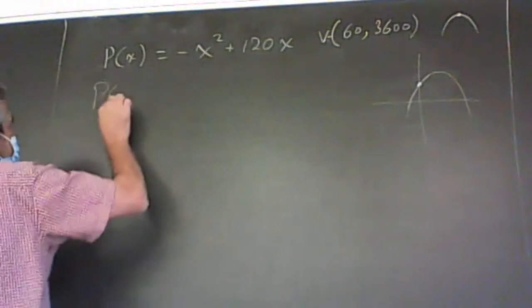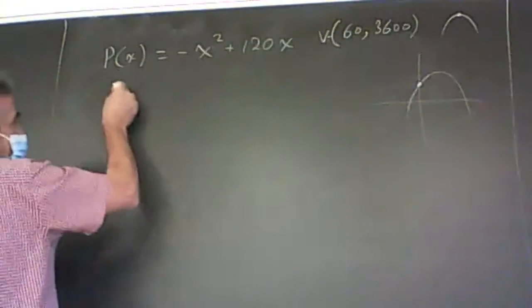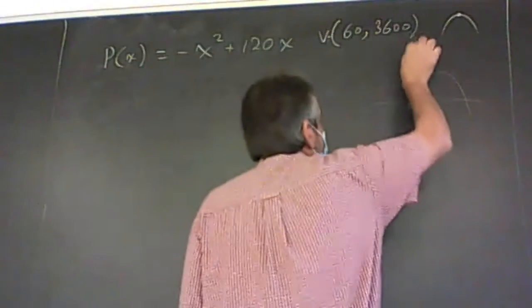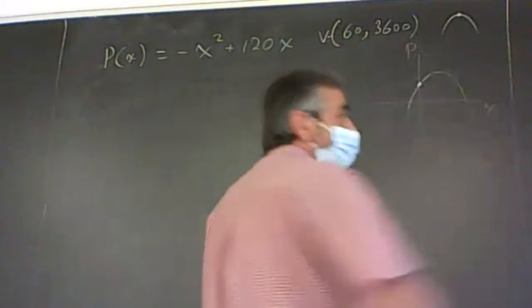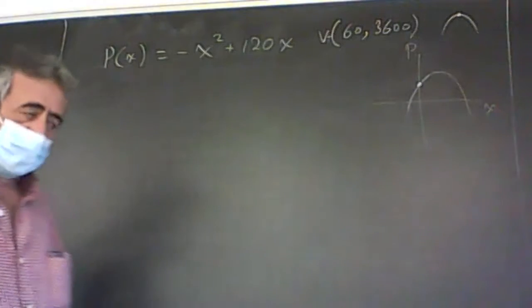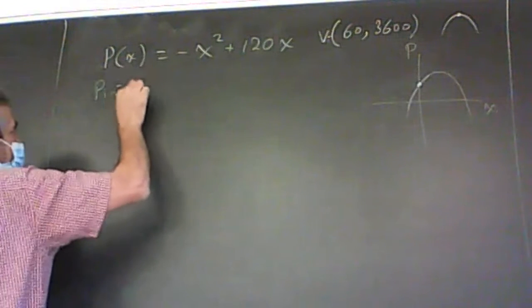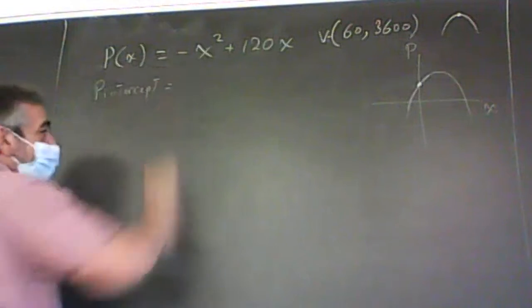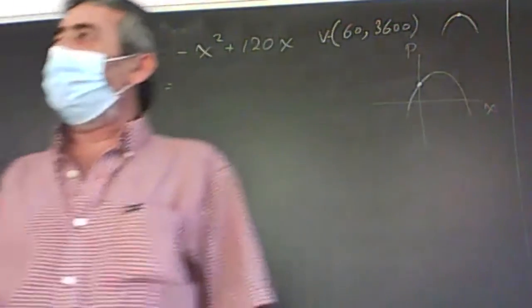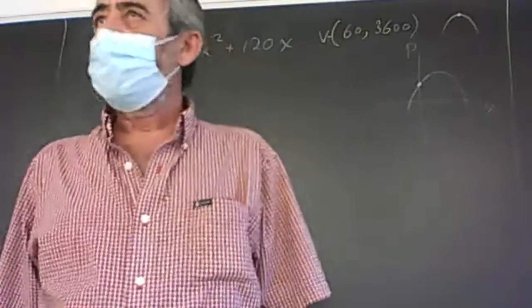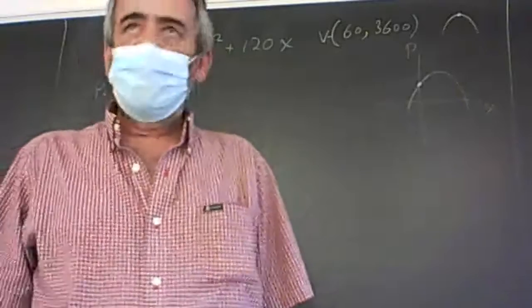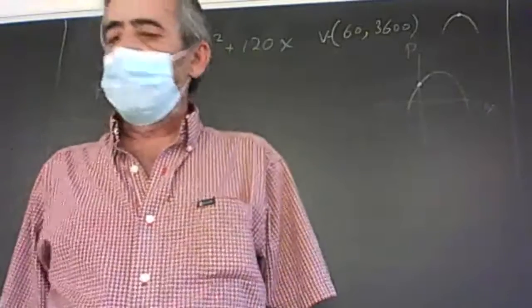So what is p of 0? Let me write it down. In this case, since this is the p, this is x, we're looking at the p-intercept. In this case, the p-intercept would be 0 profit. Yes? It will be simply what? 0 profit.